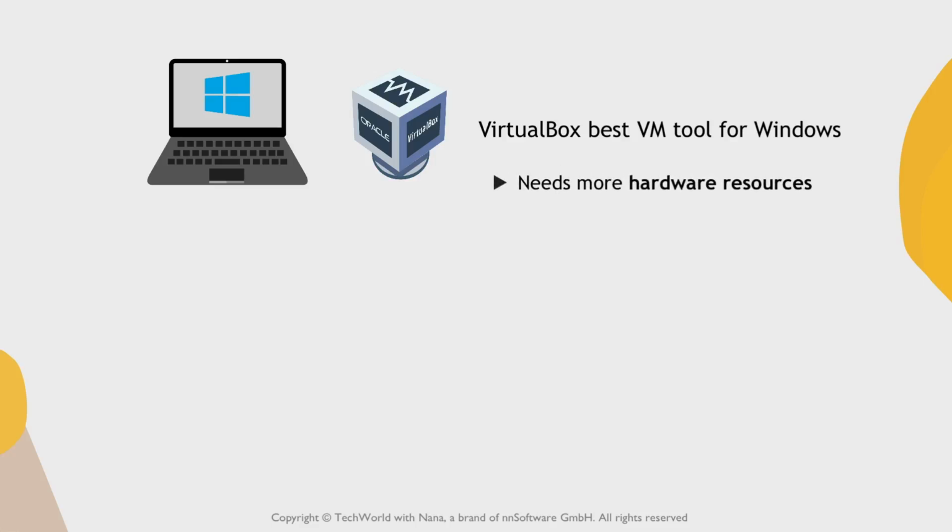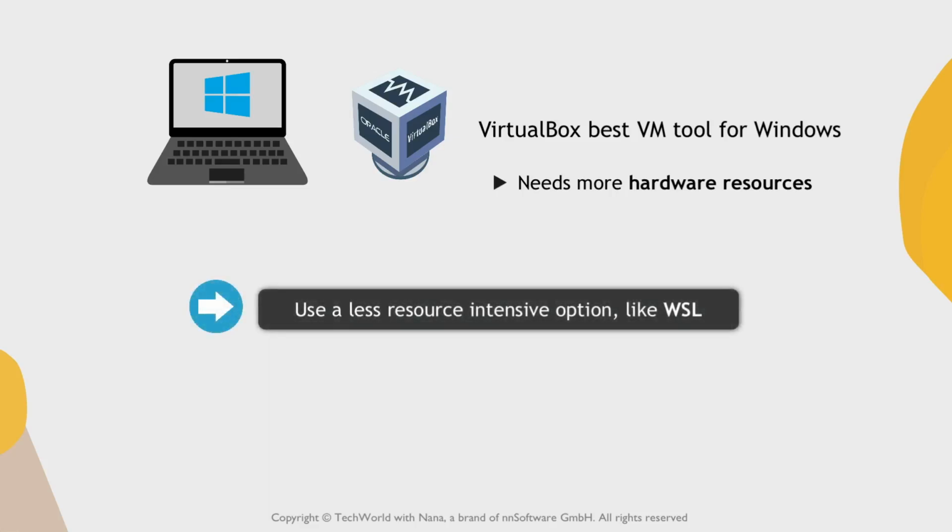And if you don't have enough CPU, enough RAM to allocate to your VM, then I suggest you go with a less resource-intensive option. For example, you can install WSL, which is Windows Subsystem for Linux, which will require way less resources. And again, I will leave the links below this video for guides of how to install WSL.